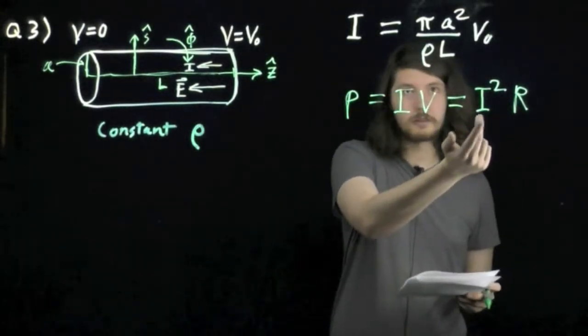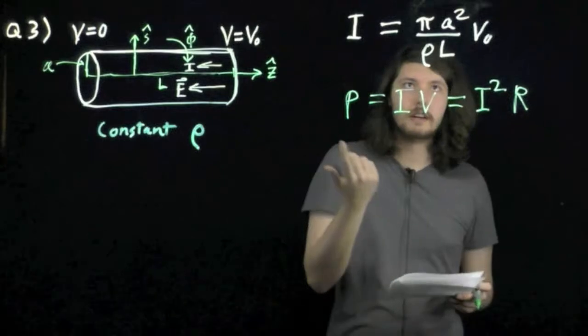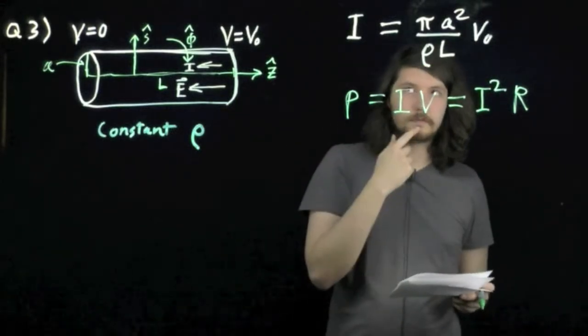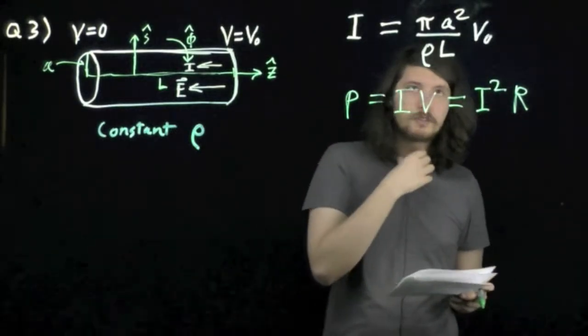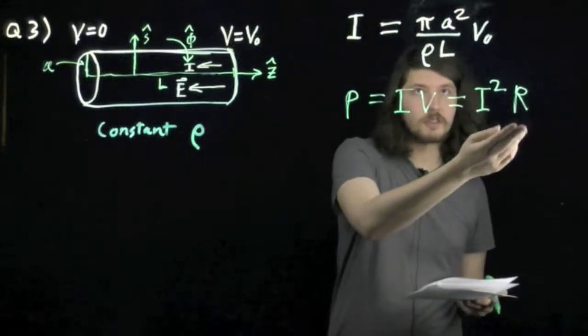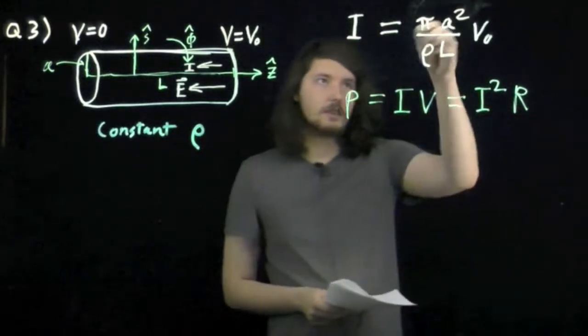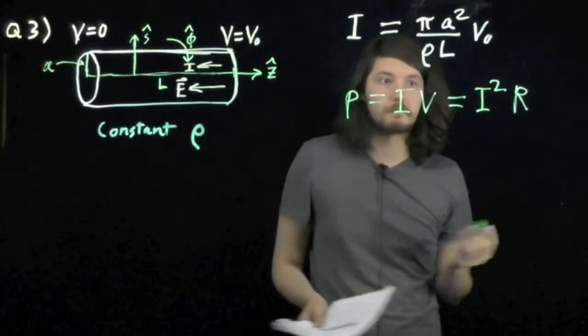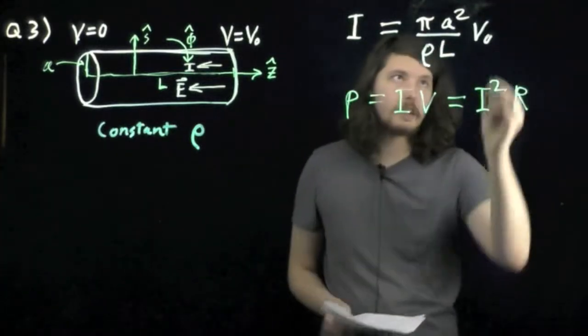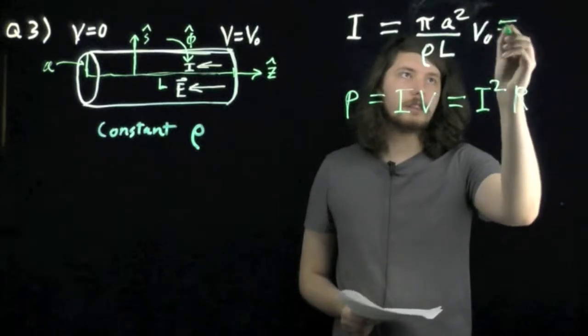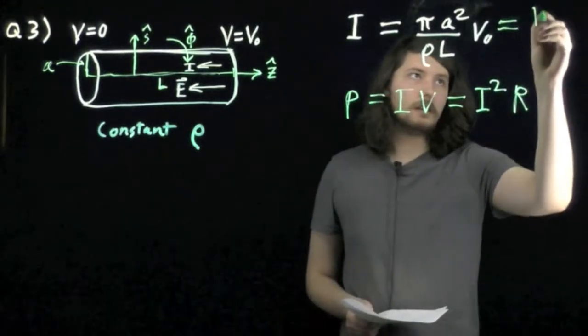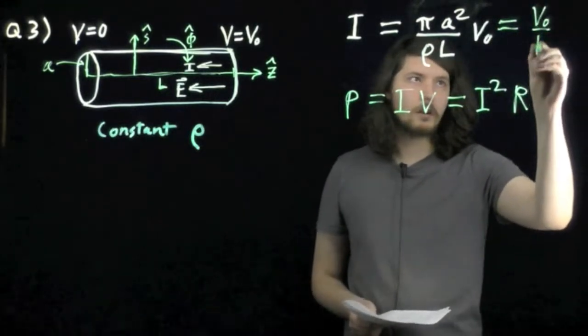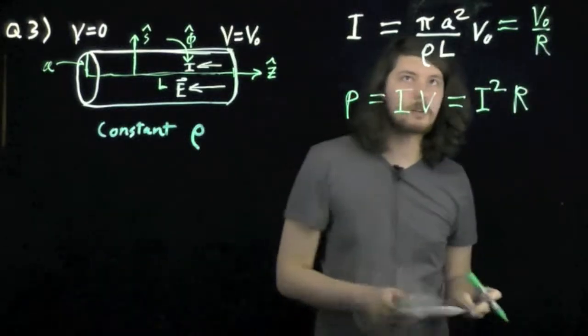We already know trivially that I is equal to this, but we also know what the resistance is, because this term right here looks similar to Ohm's law, and you can write it alternatively as V naught over R. So this is actually our 1 over R term.